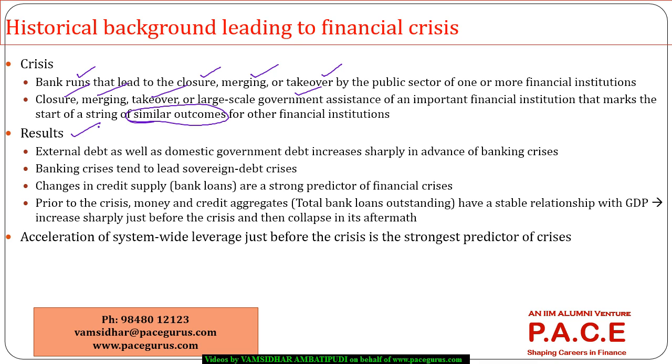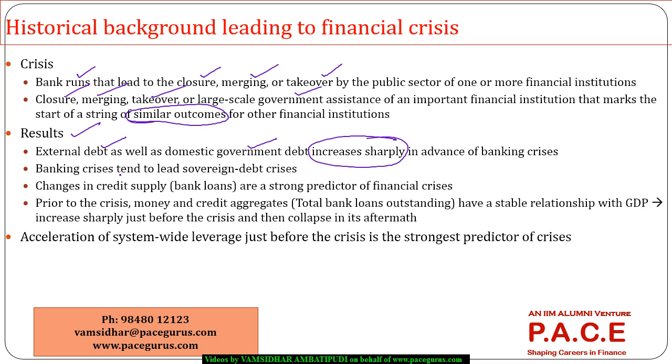And if you look at the results of this particular crisis, the external debt as well as the domestic government debt levels have grown quite sharply. Just before the banking crisis started, you find that the domestic debt levels as well as the external debt levels had gone up quite drastically.